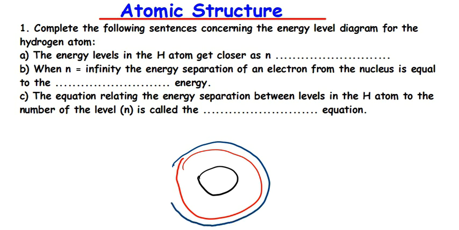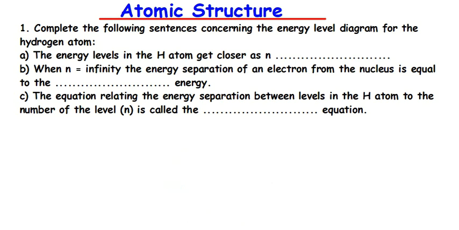The ones closest to the nucleus are not as close together as the ones further outwards. So the energy levels in the hydrogen atom get closer as n increases. Of course, n represents the energy level, and the one closest to the nucleus is the first one.